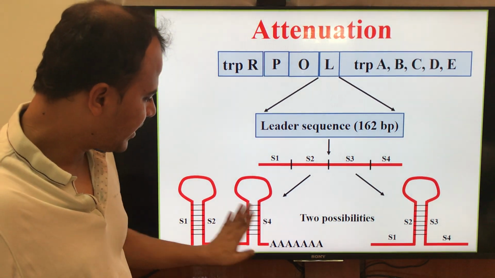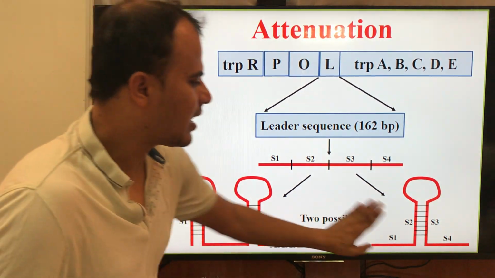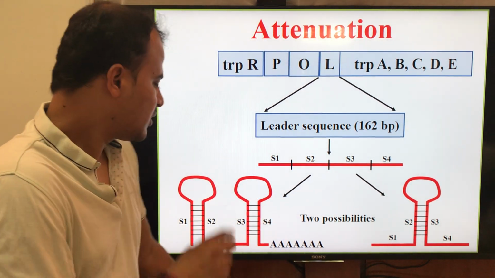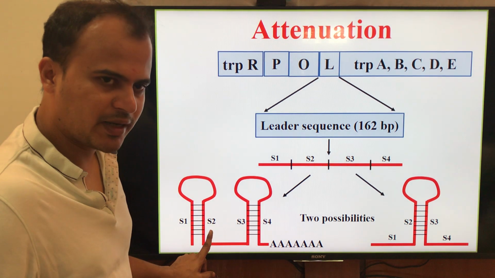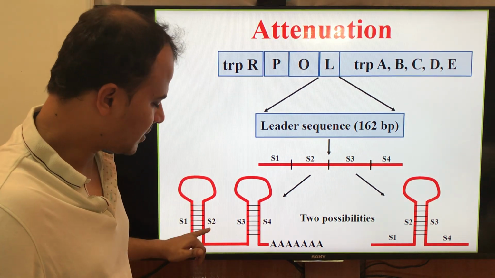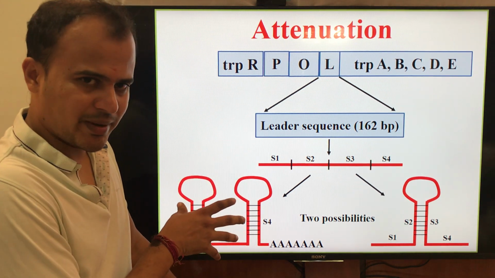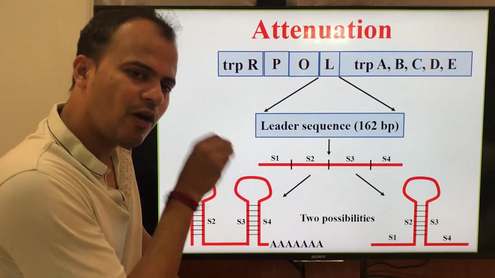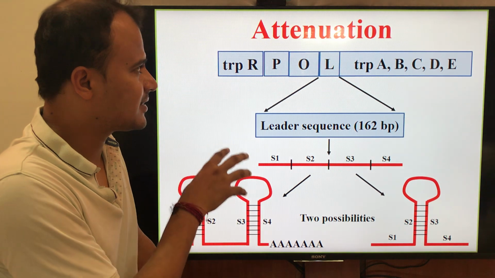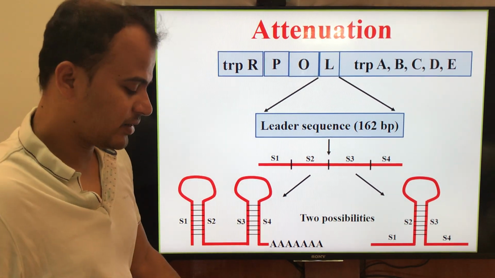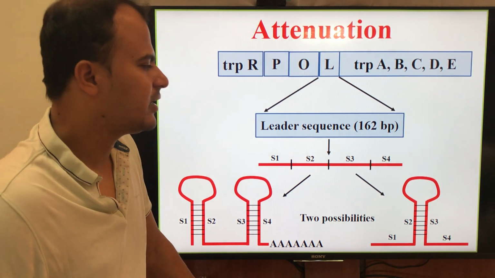Either they can make two stem loop structures, S1 with S2 and S3 with S4, or it can make only one stem loop structure between S2 and S3. With this basics, I will explain how exactly the transcription is regulated in the mechanism of attenuation in prokaryotes.